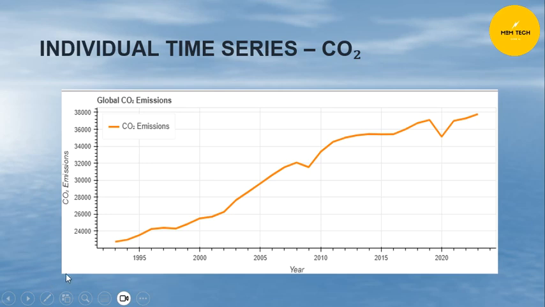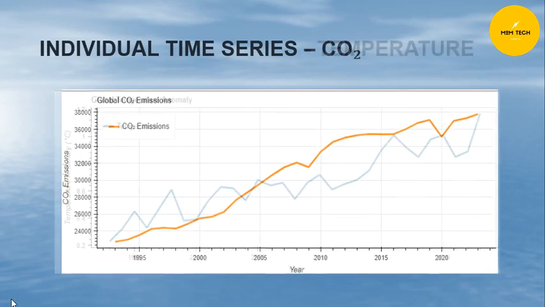This is CO2 emissions, from 24,000 to 38,000. It's actually in the order of billions of tons of CO2. So 24 billion to 38 billion tons of CO2 emissions. You see a little drop there in 2020. We all know why.